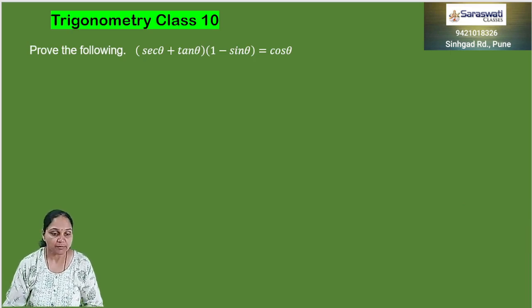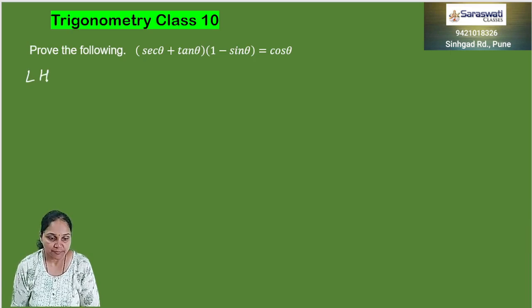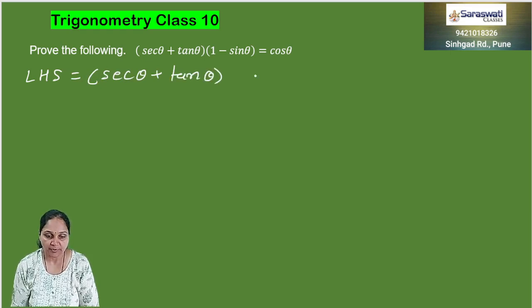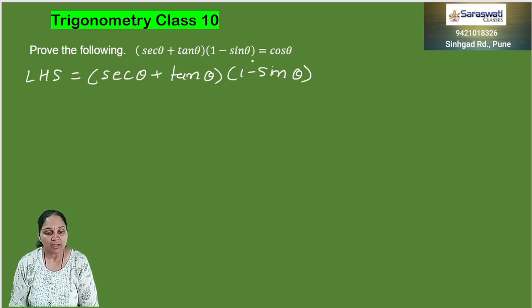Okay, second example, prove the following. Consider LHS, that is (sec theta plus tan theta) into (1 minus sin theta), and we have to prove it is equal to cos theta.